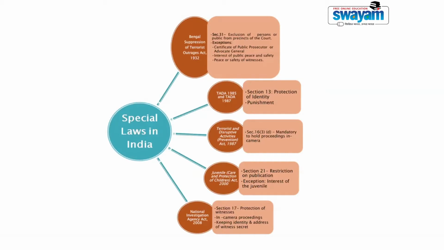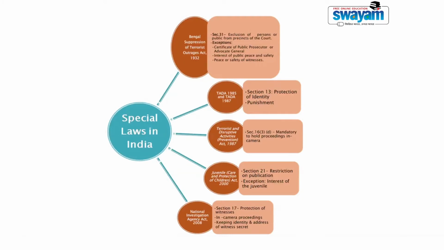But there are certain exceptions. If a certificate of a public prosecutor or advocate general is given with reasons, or where the interest of public peace and safety is involved, where the peace or safety of witnesses is involved, then the persons or public will be allowed in the court on application.